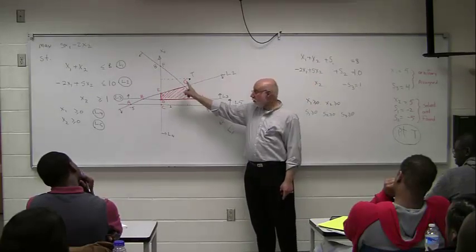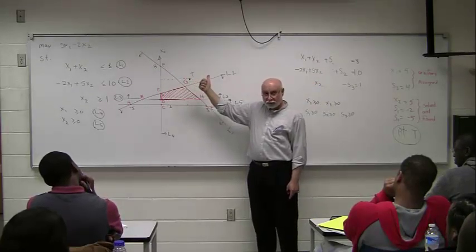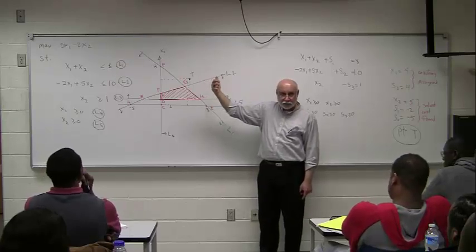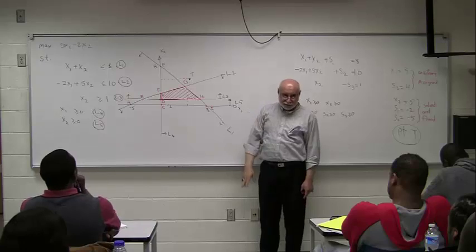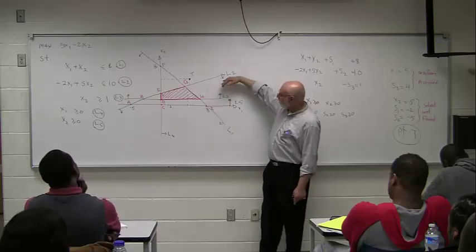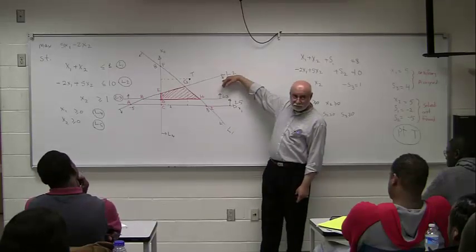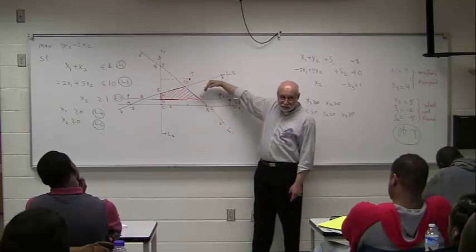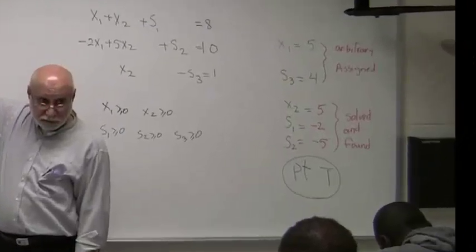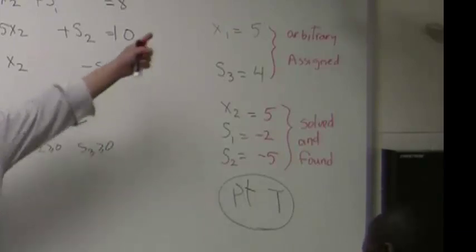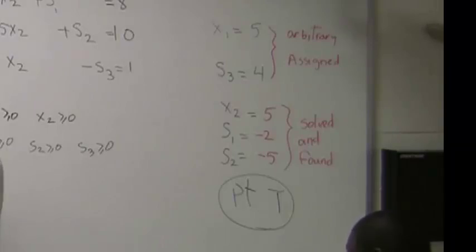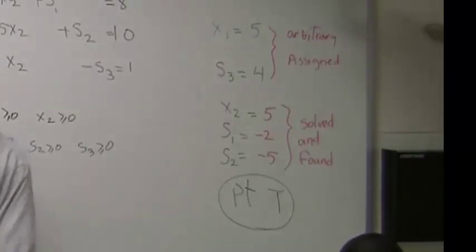L1, this is on the wrong side, so S1 has to be negative. This line, L2, it's on the wrong side of L2, so S2 has to be negative. We didn't find those numbers in there, so that calculation is wrong. But that's what this is saying.